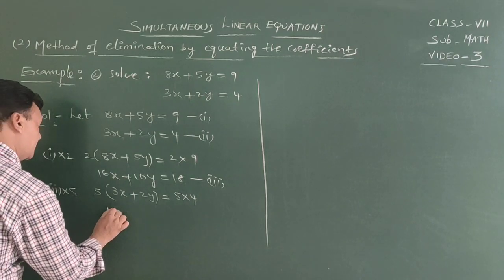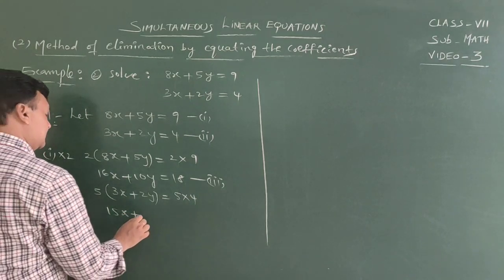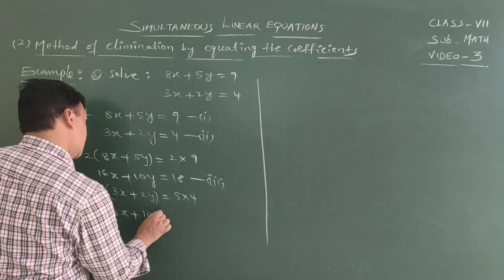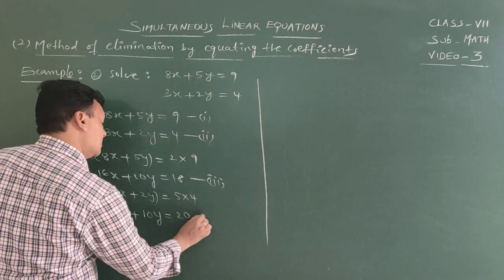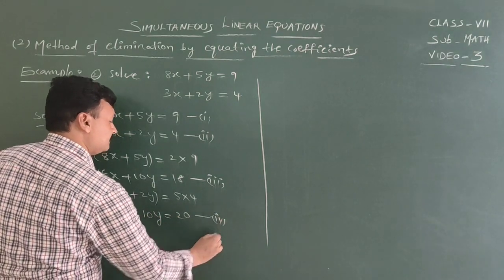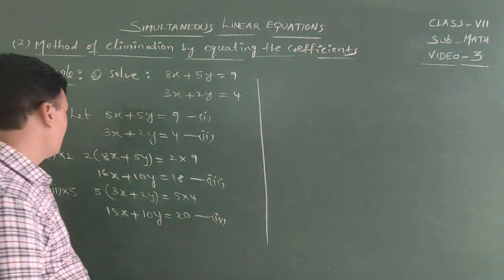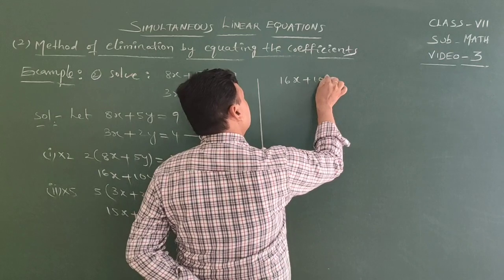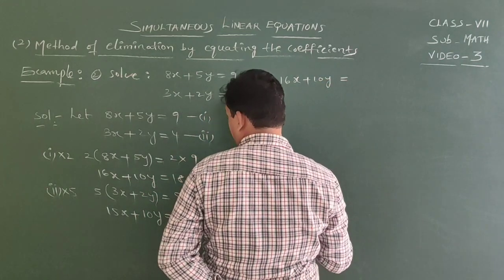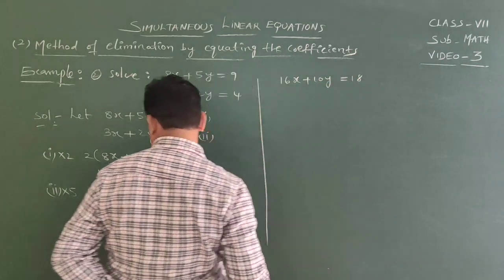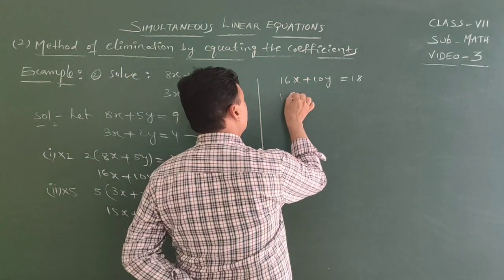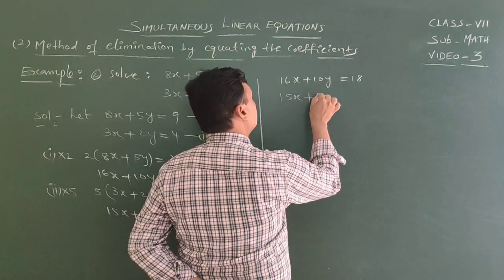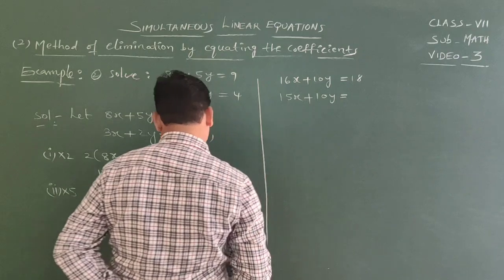So 3 fives are 15x plus 5 twos are 10y equal to 20. 16x plus 10y equal to 18. 15x plus 10y equal to 20.